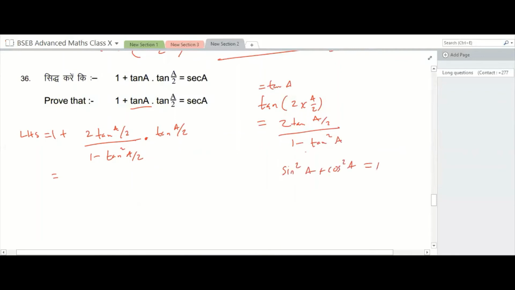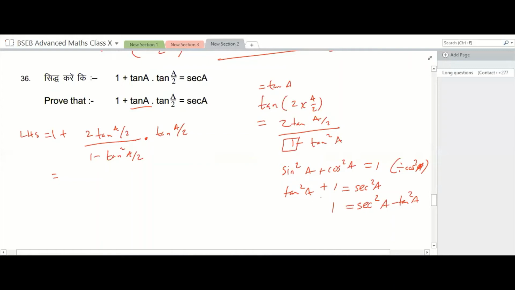Divide everything by cos squared, and I'm getting 1 plus tan squared is equal to sec squared A. So sec squared A minus tan squared A is equal to 1.